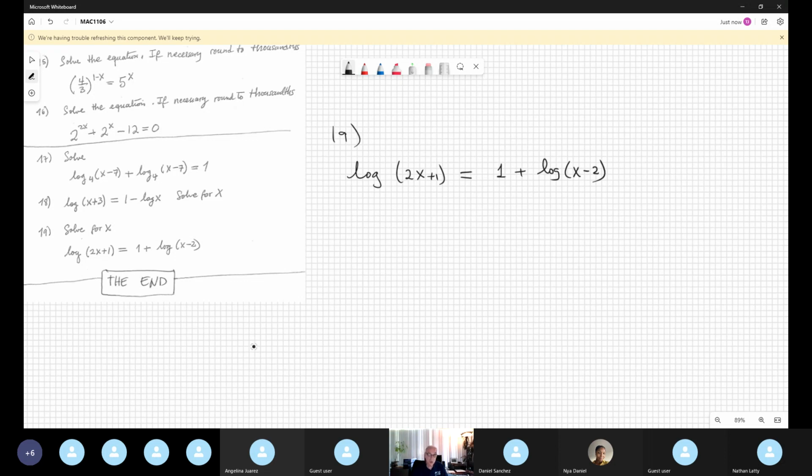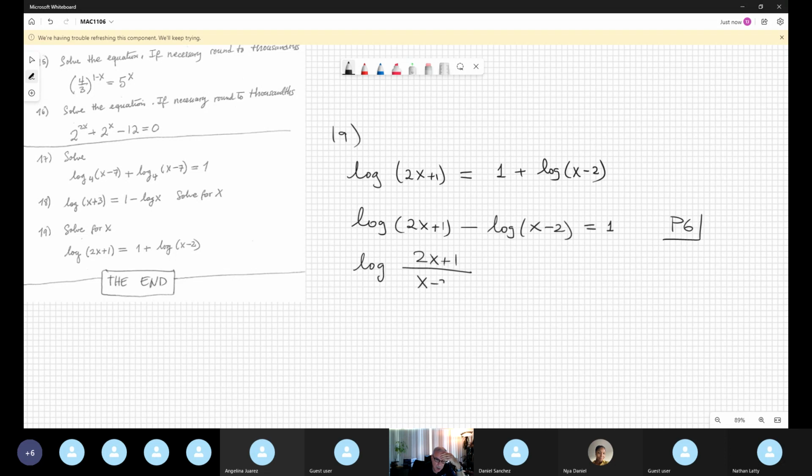Now I try to do my best. My best is to try to move the logarithms to the same side because I know in one moment I need to condense it in only one. This stays the same. I don't touch. But this, yes, I put like a minus in the left hand side. And you apply the property 6 because it's the subtraction property. So, logarithm of division, 2x plus 1 in the top, x minus 2 in the bottom, equal 1.